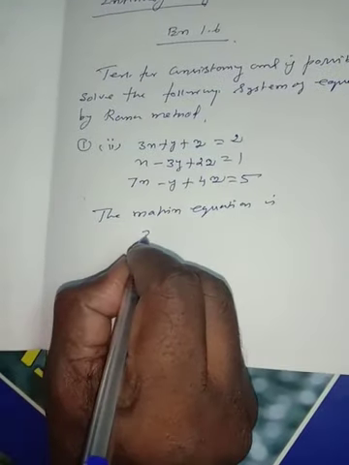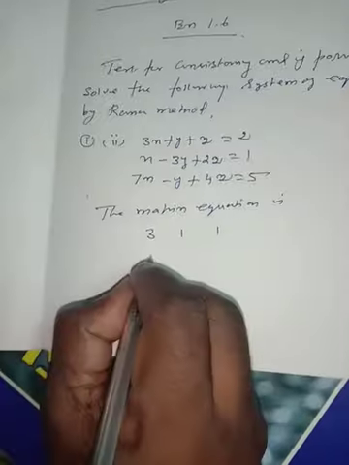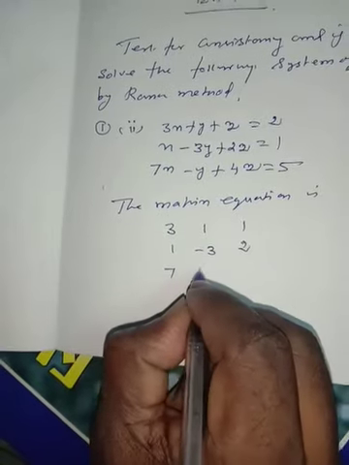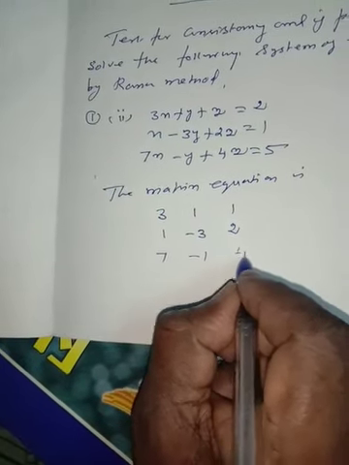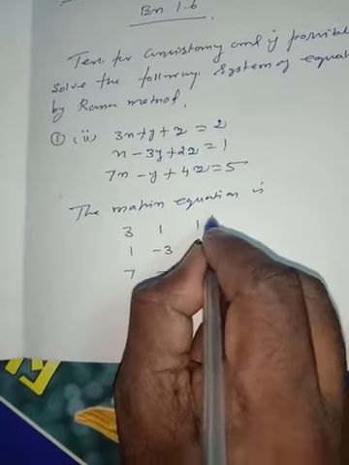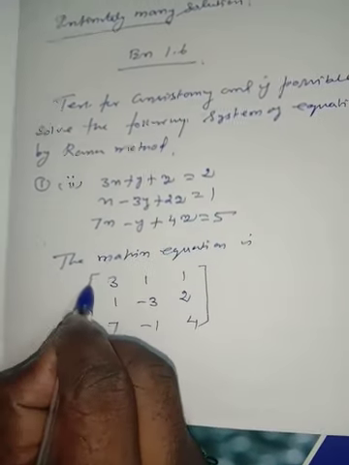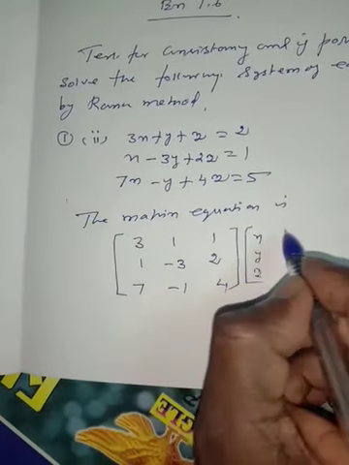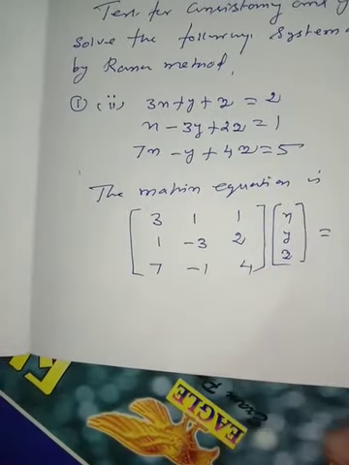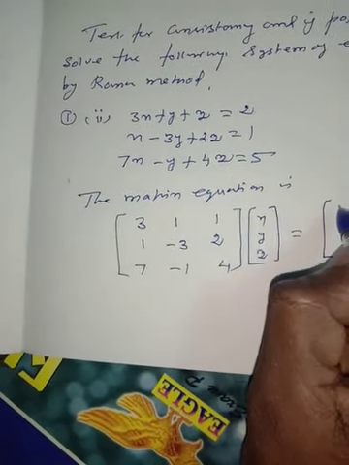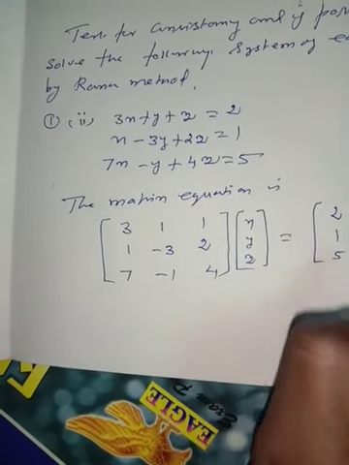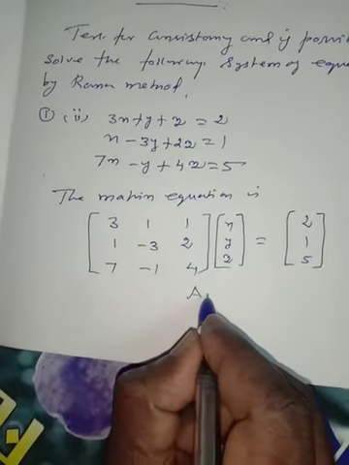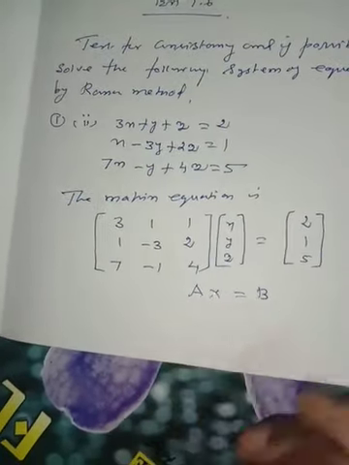Therefore, the matrix 3 1 1, 1 minus 3 2, 7 minus 1 4, times the 3 unknowns x y z, is equal to the constants 2 1 5. It is of the form capital A x is equal to b.